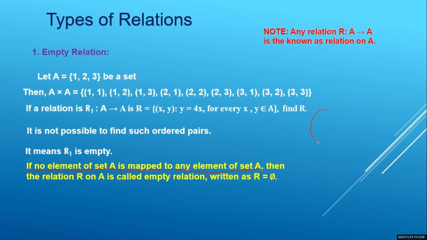If there is a set A with elements 1, 2, 3, and we have to find the relation on set A in which the second element is 4 times the first element, then it is impossible. That is an empty relation.